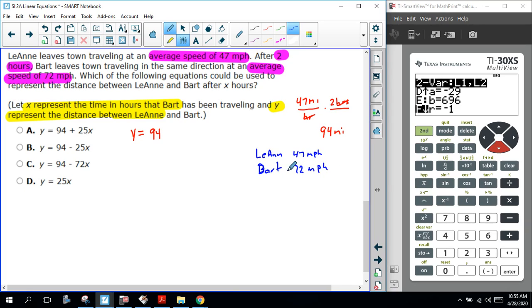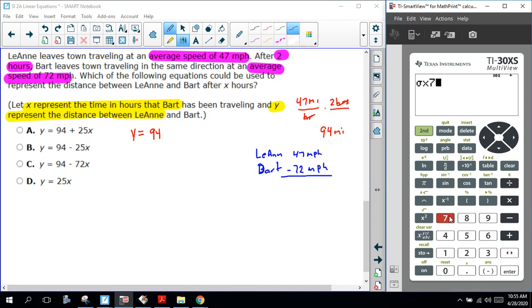If we subtract these, we're going to find out how many miles Bart catches every hour. We can do that in the calculator. 47 minus 72. Oops, try that one more time. 47 minus 72. We hit enter, and so he is making progress at 25 miles per hour.